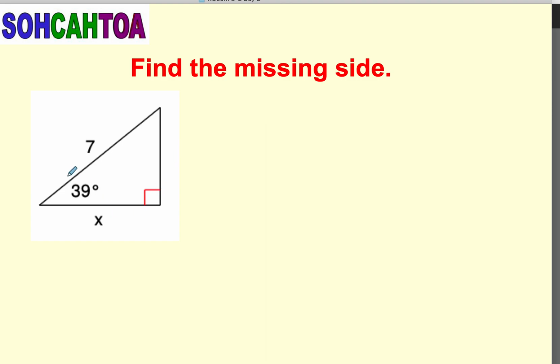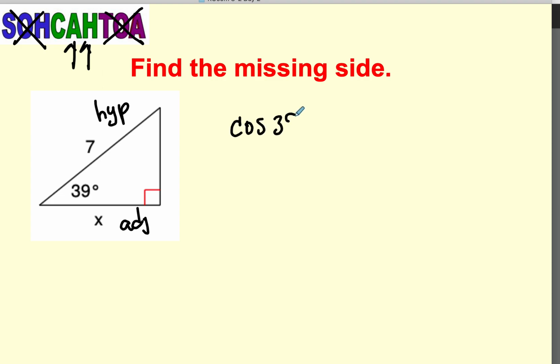Okay, find the missing side. So this is a hypotenuse. So that means I can't use tangent. And this is an adjacent. So I don't want to use sine. I have an adjacent and I have a hypotenuse, so it looks like I want to use cosine. So cosine of 39 is equal to adjacent, which is x, over the hypotenuse.